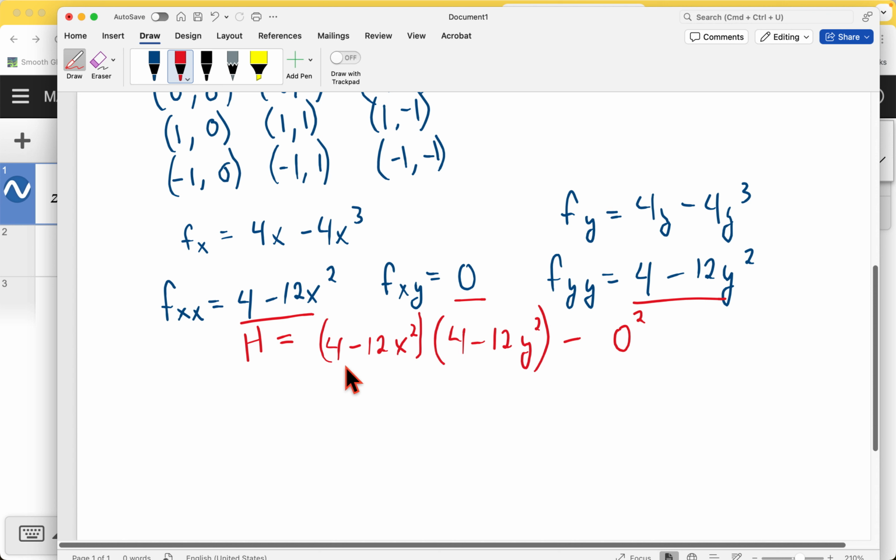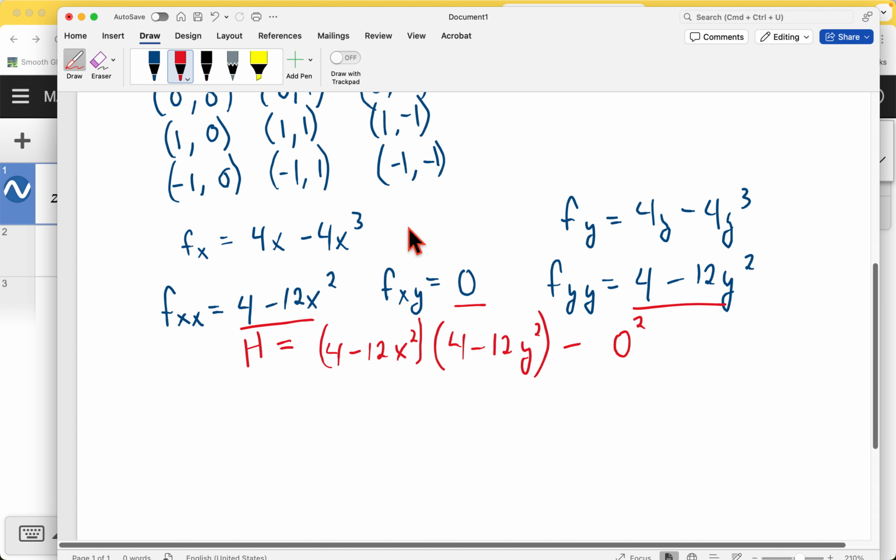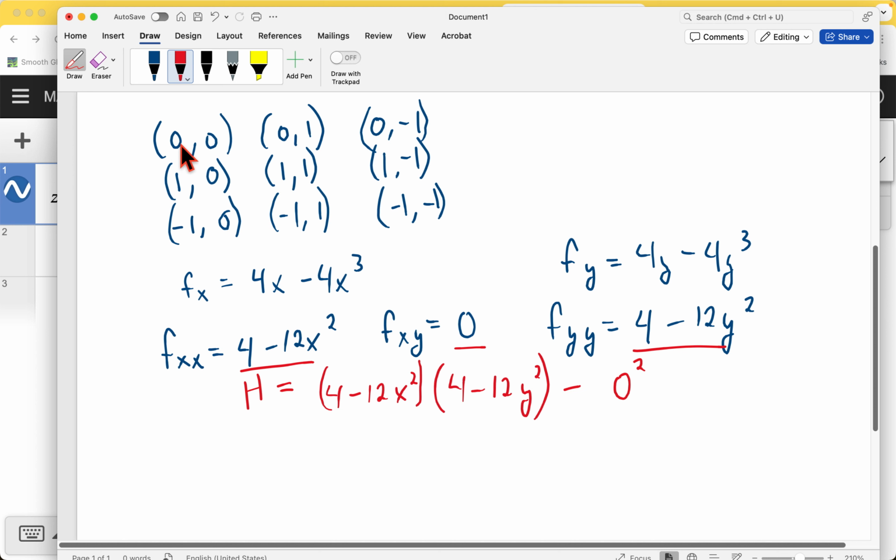Now, you could FOIL this out or multiply it out, but I think it'll be easier to take these points and plug them in and do the calculations without having to FOIL it out.